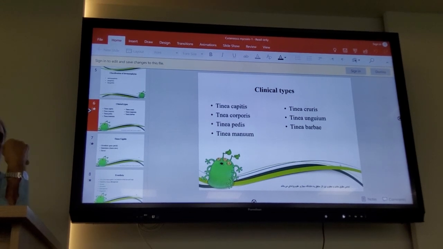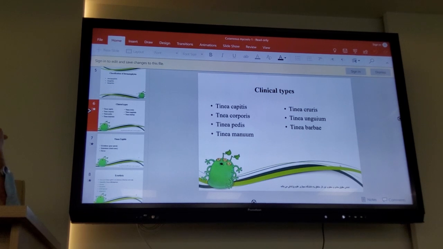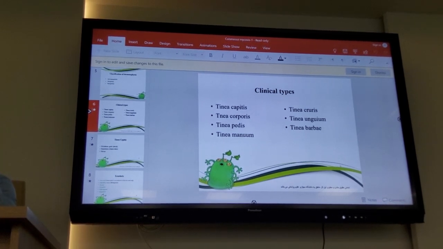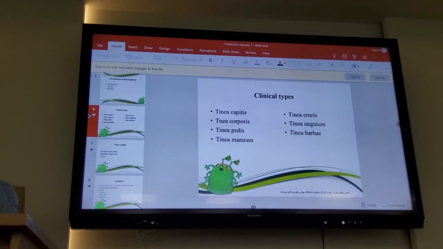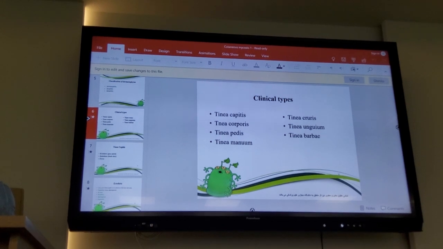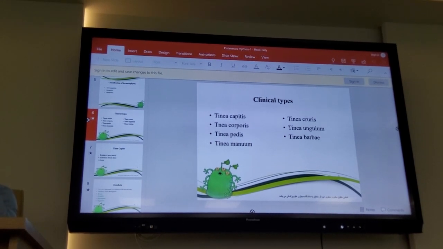First, the type and species of fungi, species of dermatophyte. Another... no, it is not a good reason.